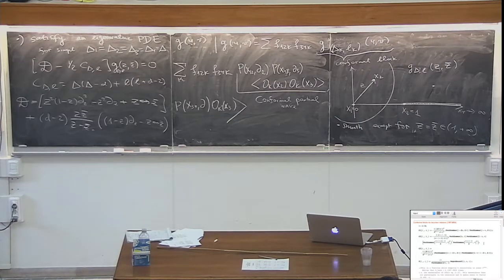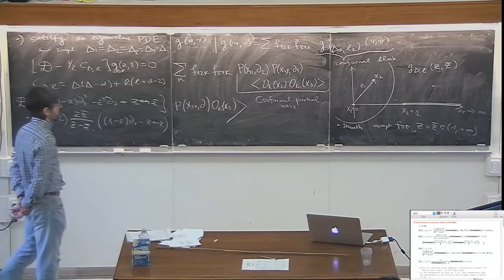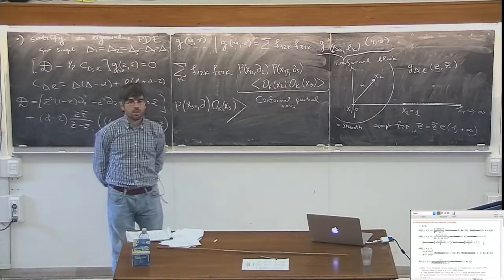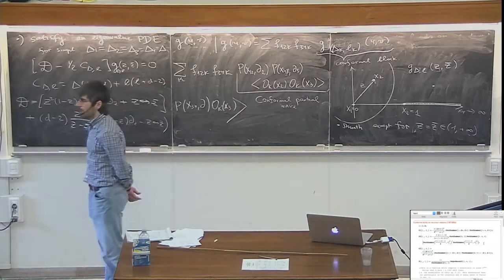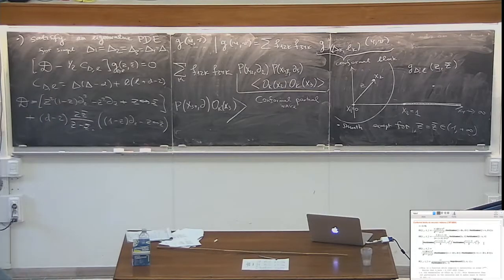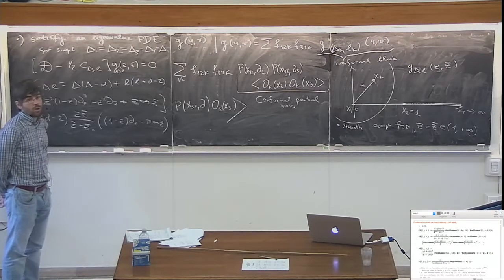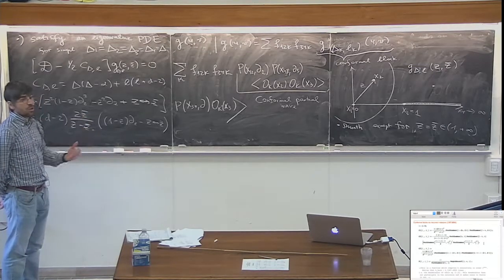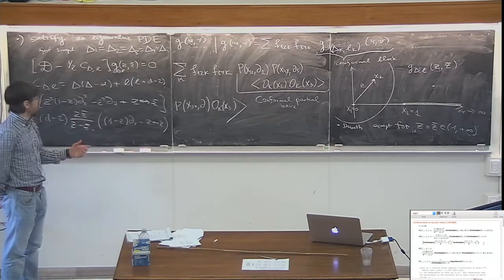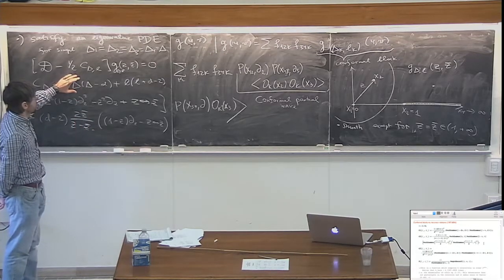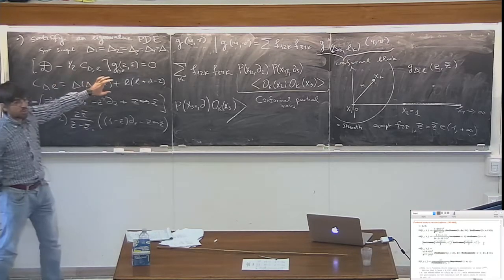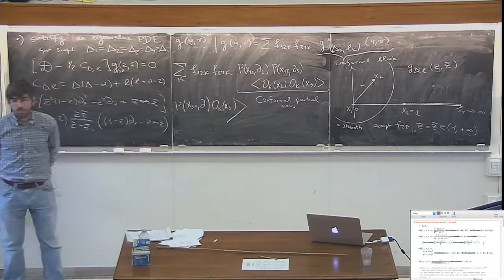In particular, when it acts on a certain primary operator, or on a descendant of the same primary operator, it's the same eigenvalue. So every conformal multiplet gives you the same eigenvalue. You can compute the value of this Casimir operator just by acting on the primary, since we know how all the generators act on the primary. The eigenvalue depends on the dimension and the spin of the primary operator.